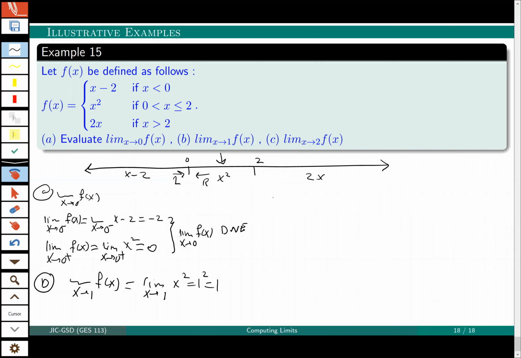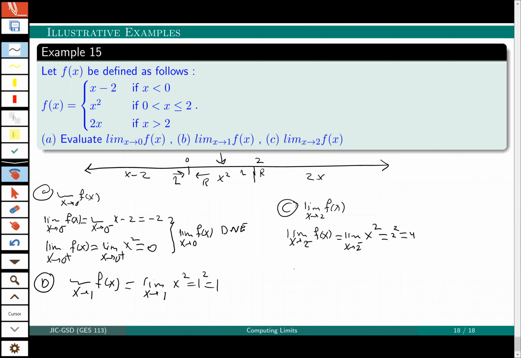Now for C, he is asking about 2. So again, at 2, I can approach from left and from right. So to solve the limit when x goes to 2, I need to consider first from left. If I consider it from left, x goes to 2 from left means it is x squared, so I'll get 2 squared, which is 4.